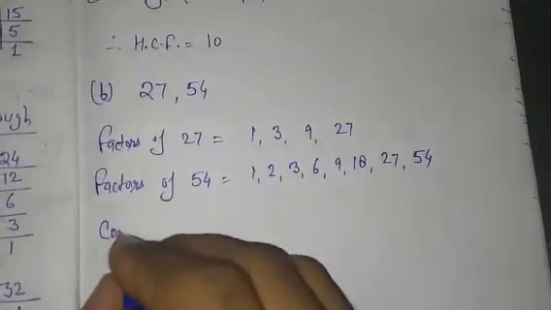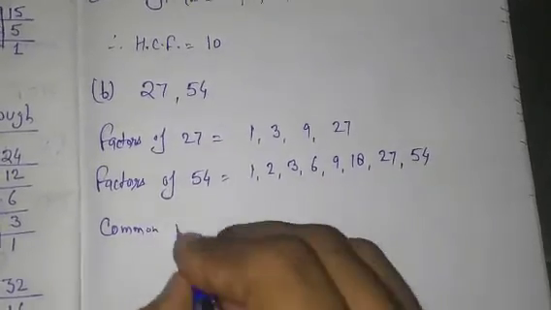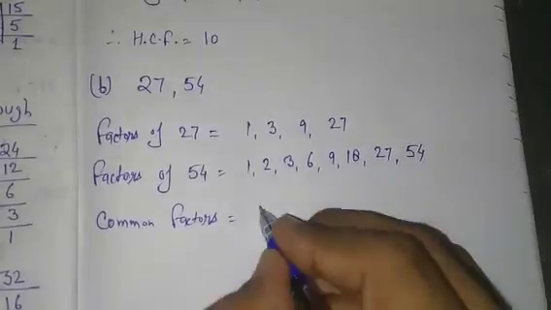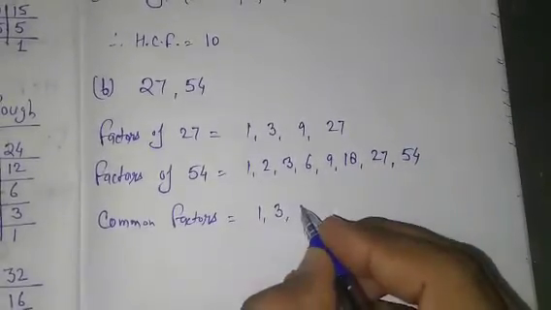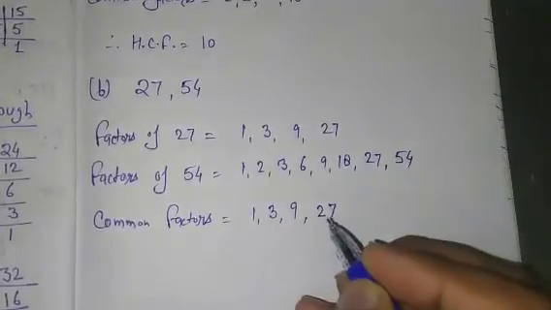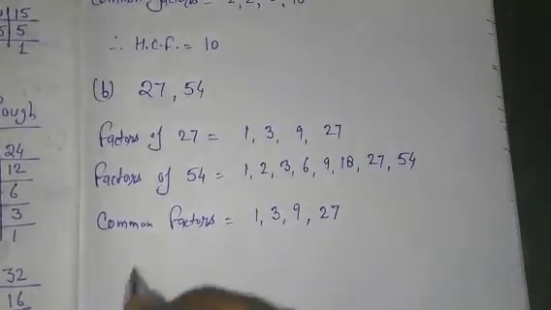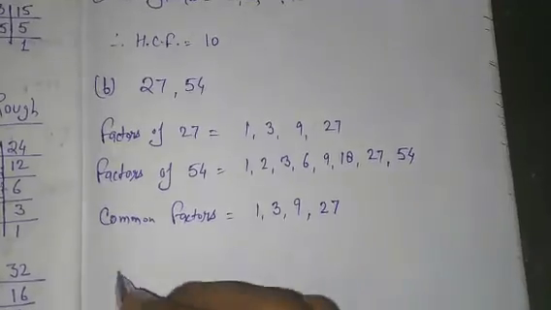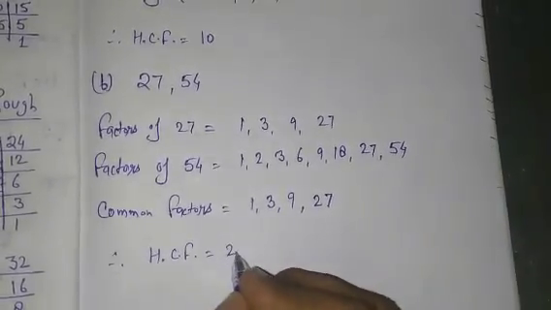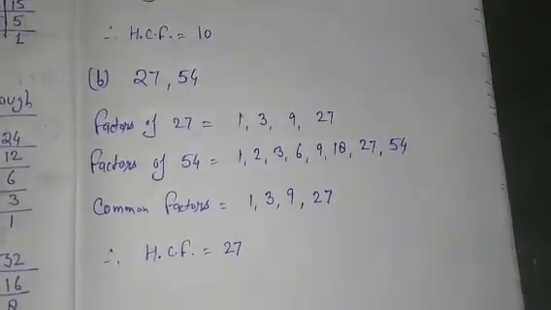Same pattern, you will find the common factors. So the common factors are 1, 3, 9 and 27 here. So which is the highest? You have seen the highest is 27. Therefore HCF is equal to 27. Clear students?